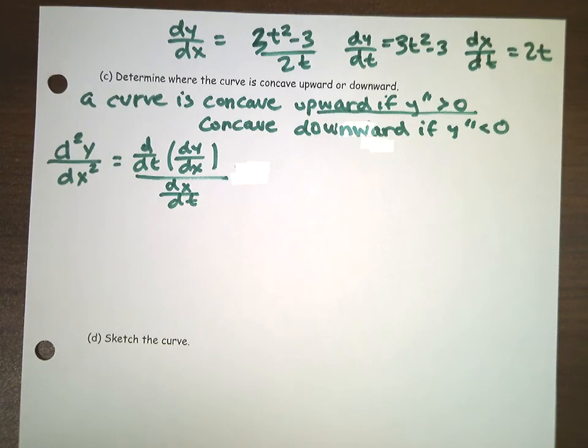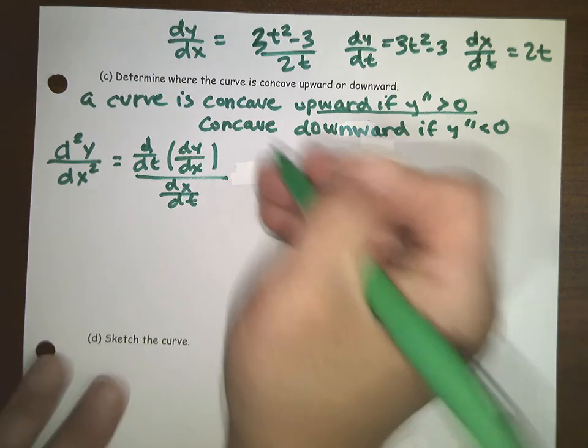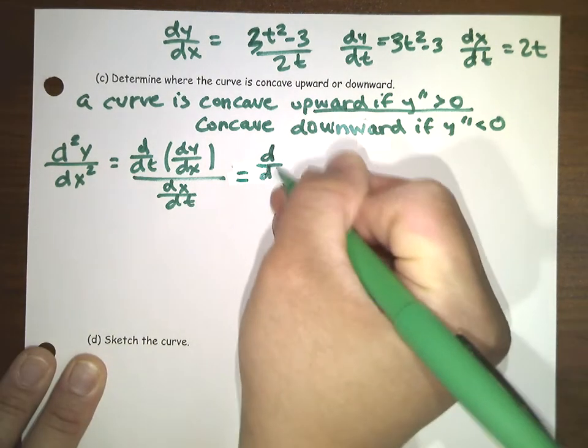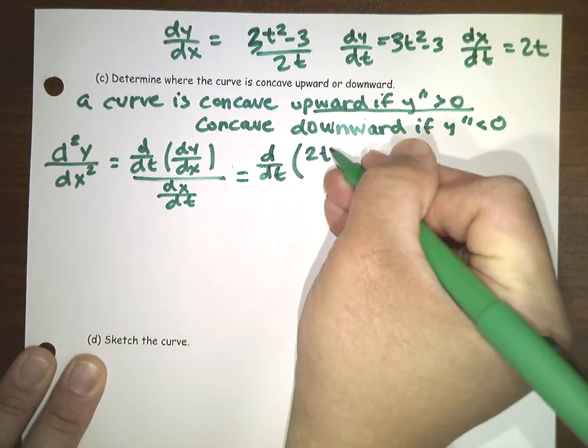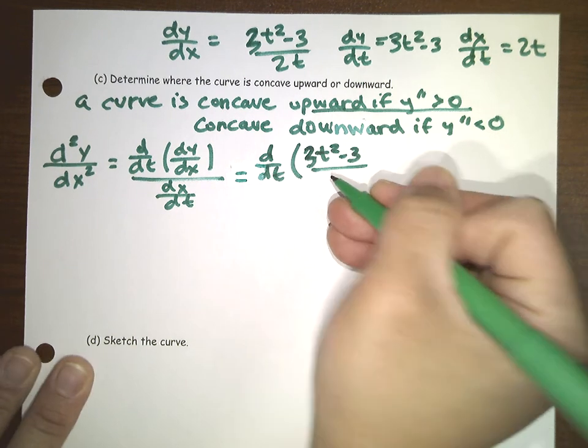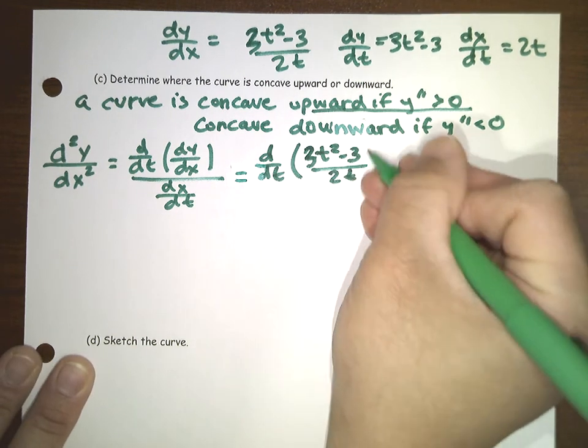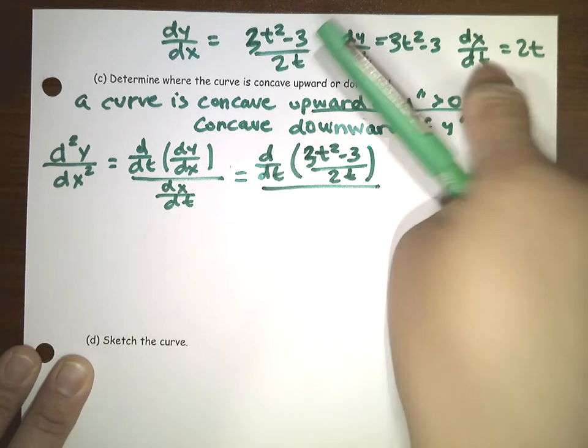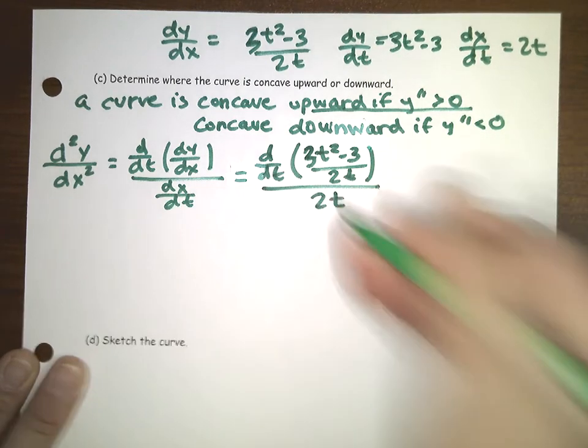So we need the derivative with respect to t of dy dx, which is d dt of 3t squared minus 3 over 2t, all over dx dt, which is 2t.